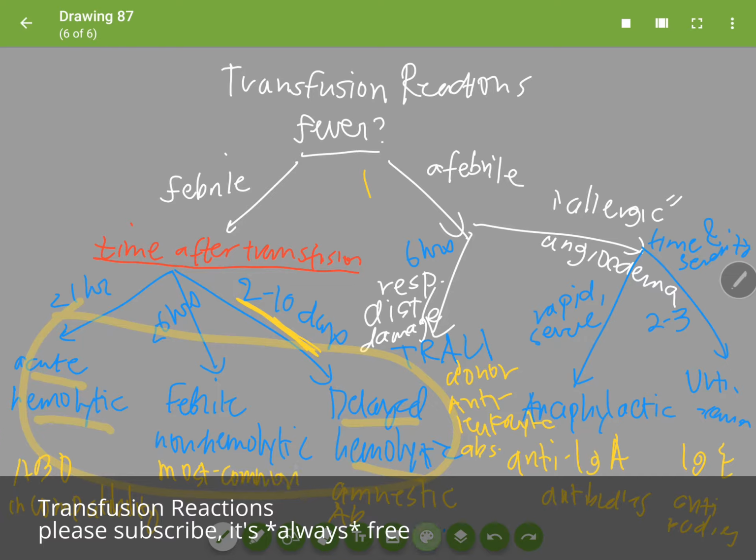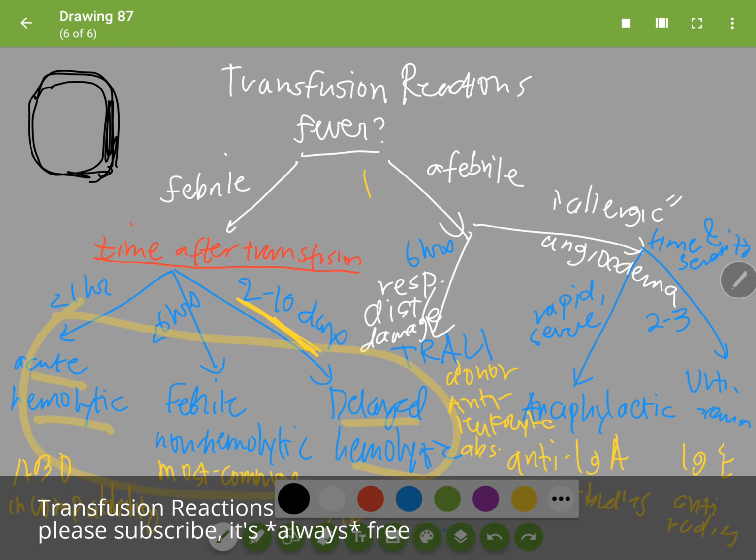And what happens is when the blood product is sitting for a long time, it's going to develop cytokines in it.